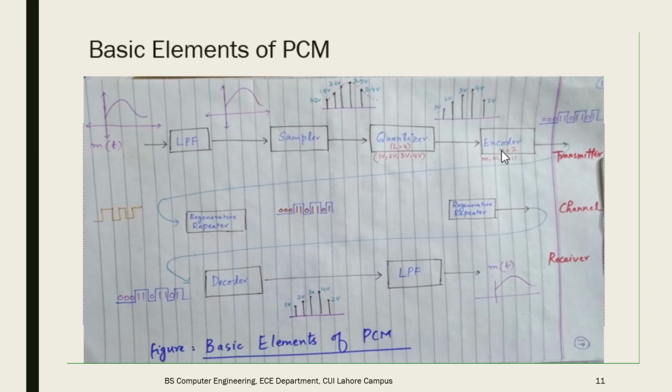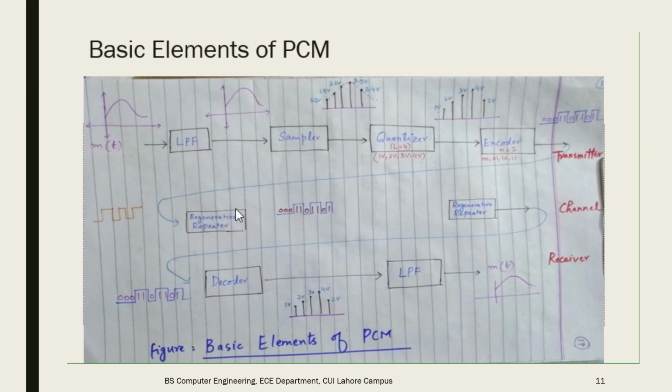After this the quantized signal will pass through the encoder. The encoder will assign different binary codes to these amplitudes, and then we will get a digital signal. Now this digital signal will pass through the channel, and due to its propagation through the channel, the shape of the signal gets affected because of different noise factors and interference factors.